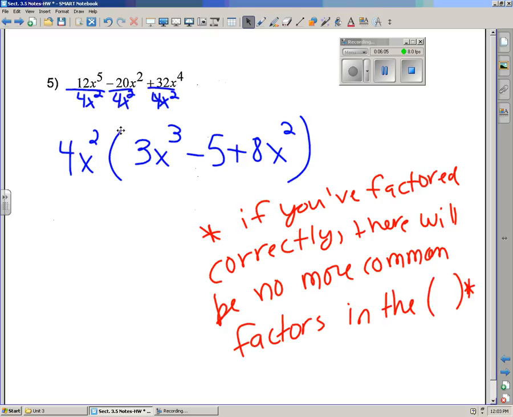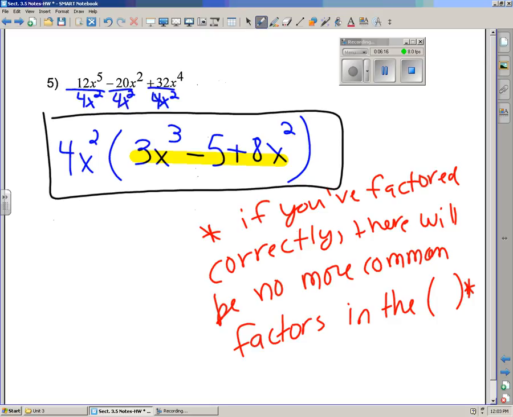What I mean by that is, if I were to look inside this parenthesis, there are no more GCFs anywhere. So your final answer then is 4x squared with the parenthesis 3x cubed minus 5 plus 8x squared.